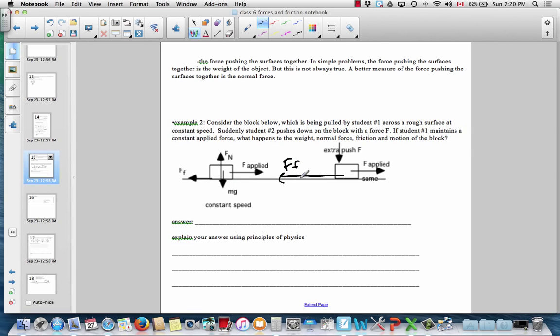But, of course, the weight of the object didn't change. So it doesn't make sense to say that friction is proportional to the weight. What does change is that because you're pushing down so hard, the surface responds with a greater reaction force. So by pushing down, you don't increase the weight, but you do increase the normal force.